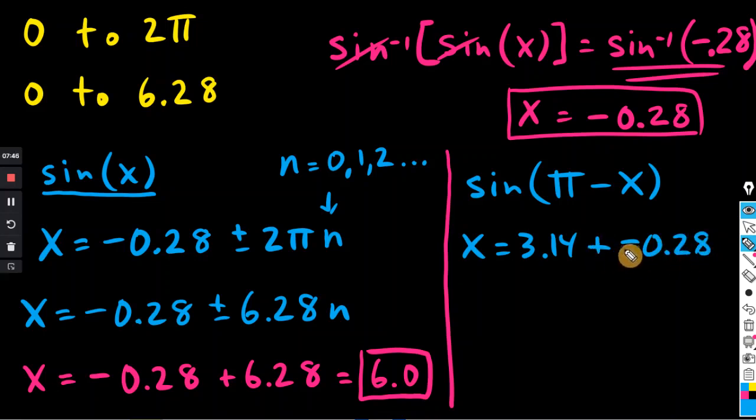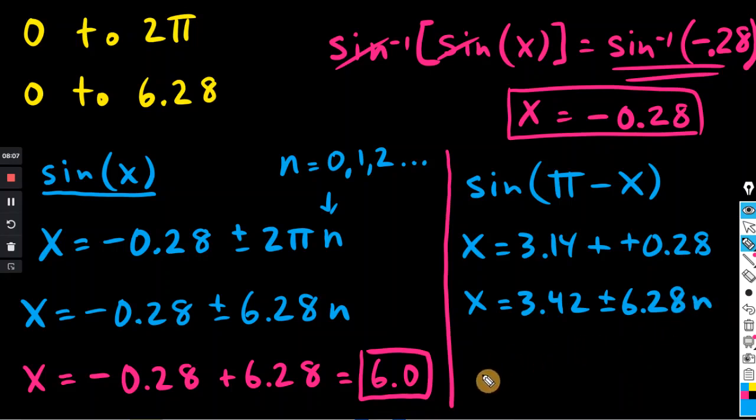Okay, the two negatives in a row make it positive, and we get x equals 3.42. Okay, so once again, we are adding or subtracting multiples of 6.28.